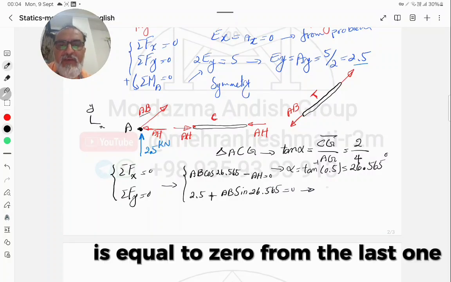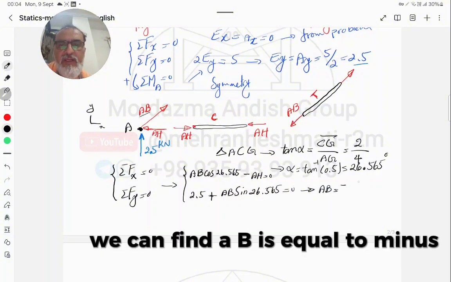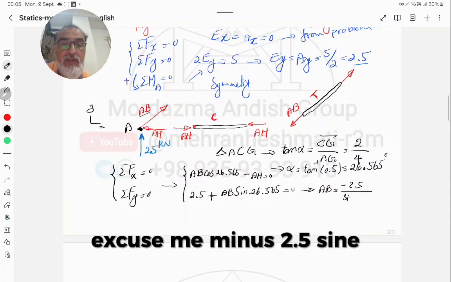From the last one, we can find AB is equal to minus 2.5 divided by sine of 26.565.